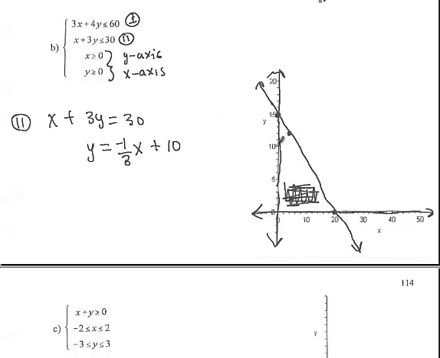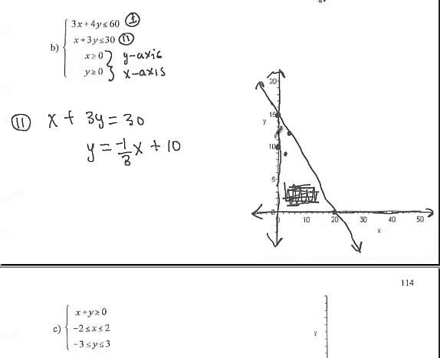So we have a y-intercept of 10, and then we go down 1 and over 3, which would almost be all the way to the 4. So down 1 and over 3 falls right about here.